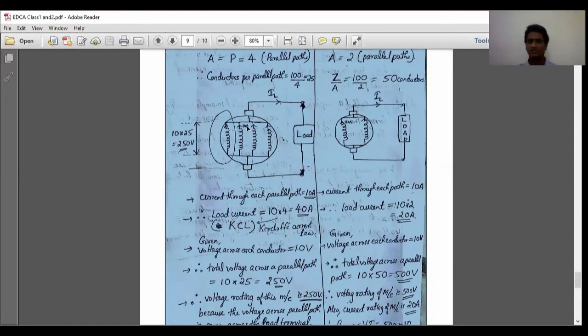Then we must understand one thing. When two resistors R1 and R2 are connected in series, what will be the effective resistance? R1 plus R2. If these two resistance values are the same, R is connected in series with R, then what will be the effective resistance? 2R. That means in series connection resistance increases. But what about parallel connection?